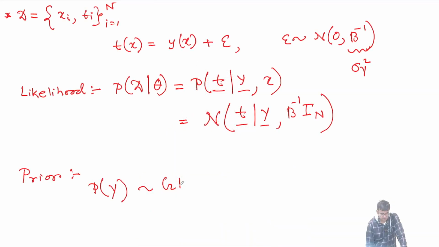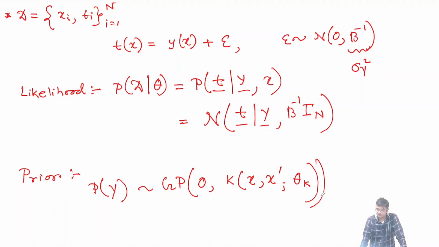We will assume the prior of y to be a Gaussian process. And this is again something we did last time. This is where we ended last lecture actually, that prior we model probability of y as a Gaussian process 0, k(x, x'; theta_k), right?